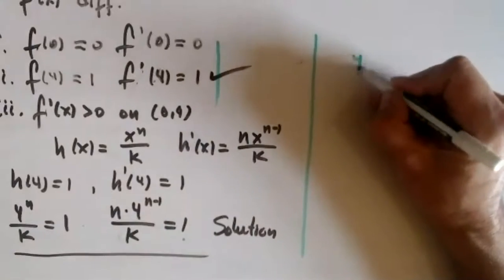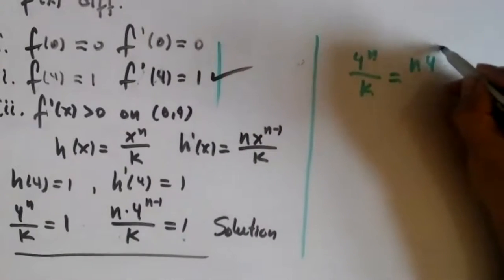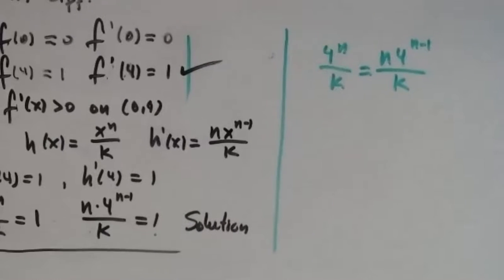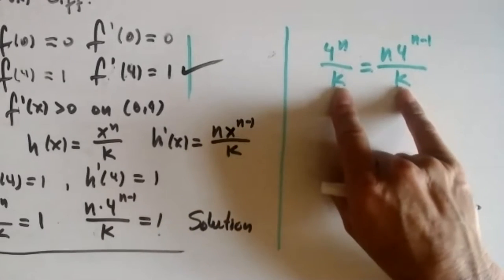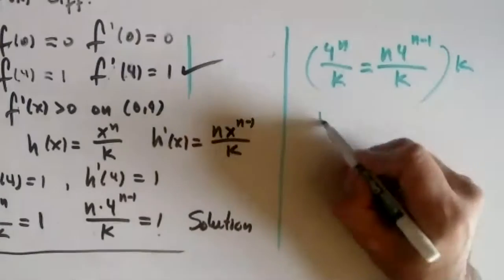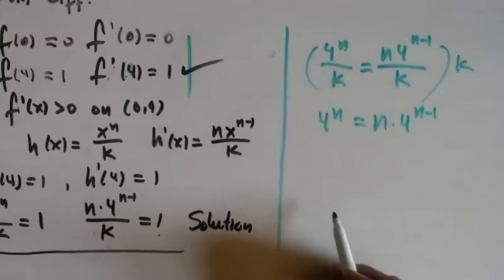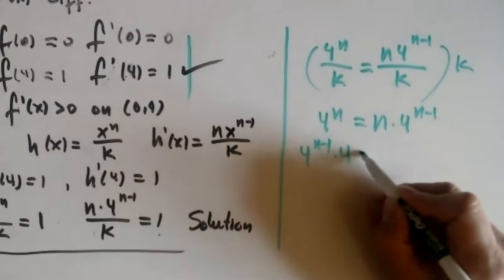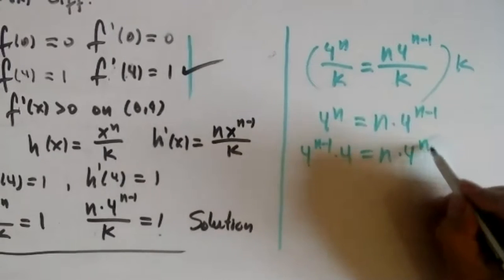So I have to do this. 4 to the n over k equals n 4 to the n minus 1 over k. So n is going to be 1, possibly. Let's see. You can cancel out this one. k is different than 0, so I can multiply everything times k. So I have 4 to the n equals n 4 to the n minus 1, correct? Now, 4 to the n is 4 to the n minus 1 times 4, equals n times 4 to the n minus 1.